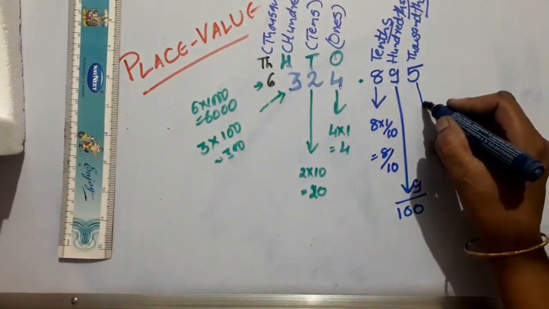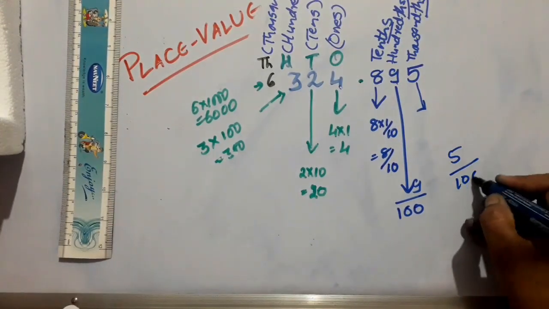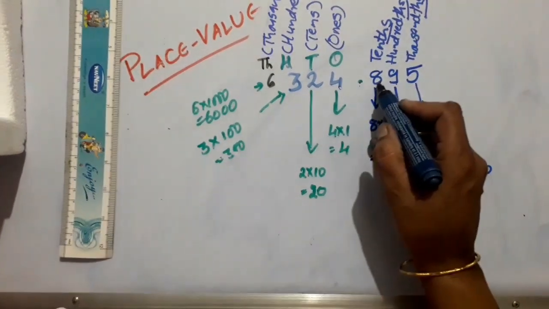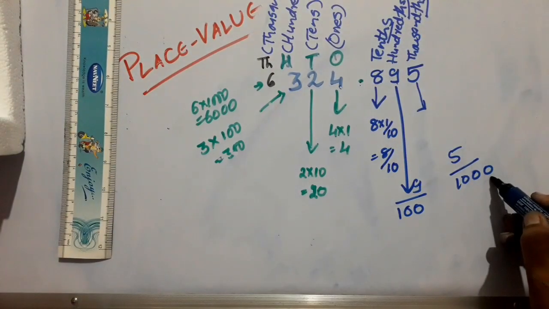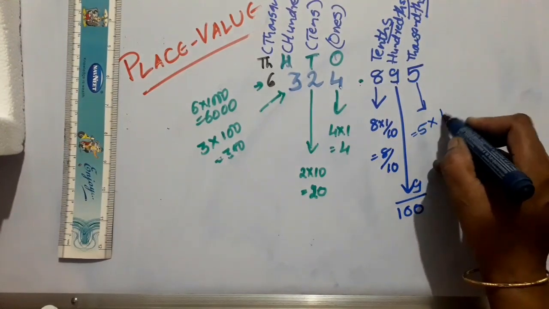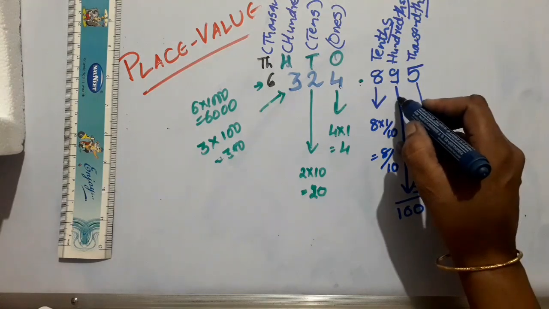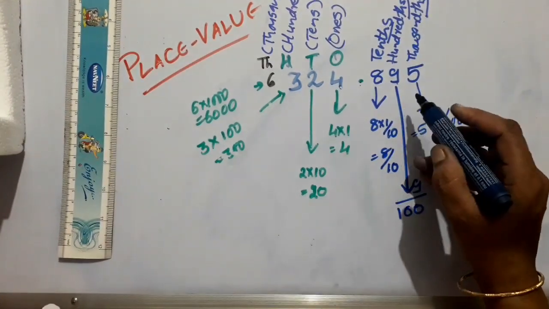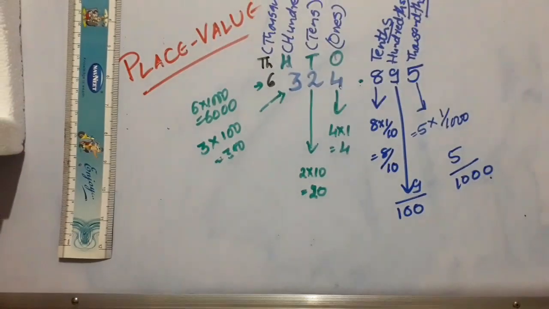What is the place value of this 5? That is 5 upon 1000. After the decimal point, third digit, that is 3 zeros, you should have it, right? This is actually 5 into 1 upon 1000. This was your 9 into 1 upon 100, that is 9 upon 100.